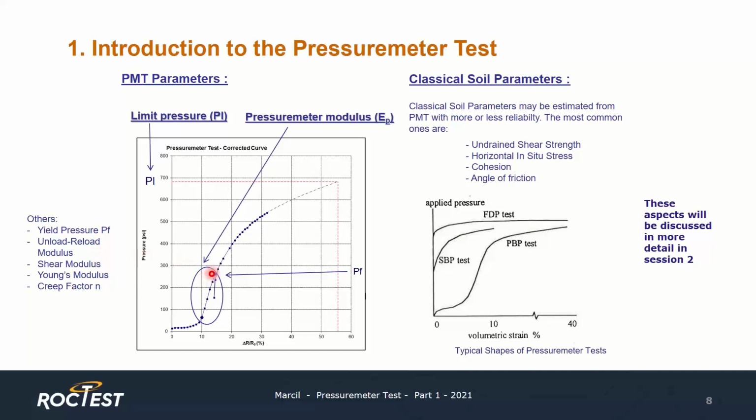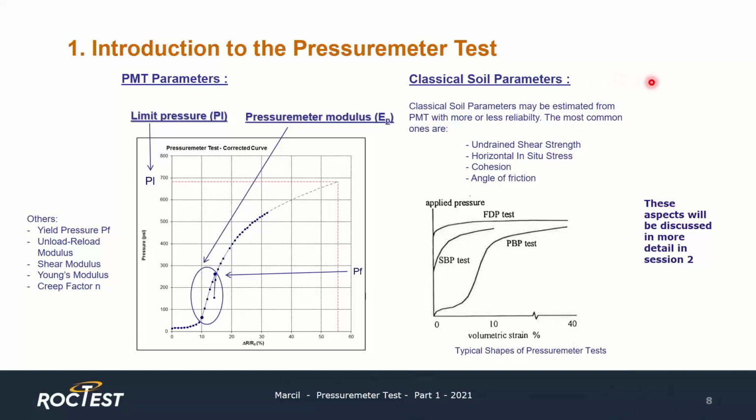An unload-reload modulus can be obtained from an unload-reload cycle. A shear modulus can be obtained also, and a Young's modulus. Finally, there are other parameters like the creep factor N that can be obtained from a special creep test.